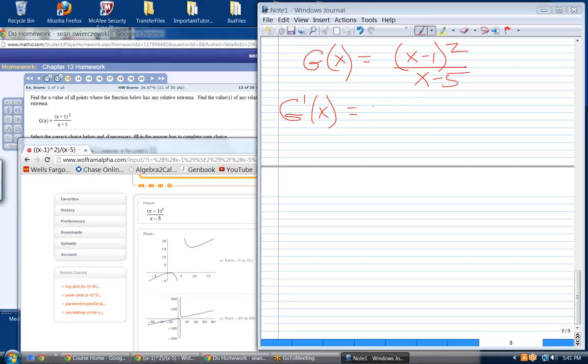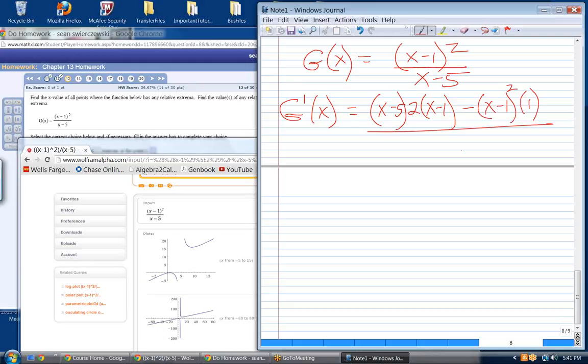Well, quotient rule is the bottom times the derivative of the top minus the top times the derivative of the bottom all over the bottom squared. And simplify.